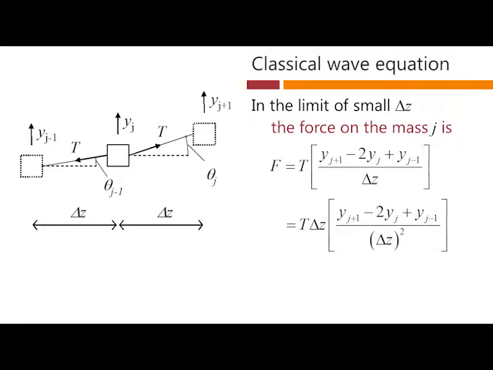And this here we recognize that in the limit of small delta z, this is just the second spatial derivative. That's the formula for the second spatial derivative when we take delta z down towards 0. So this net force upwards on the mass is the tension times the delta z here, which we're still thinking about, we'll keep that there for the moment, times the second derivative of the position vertically as a function of position horizontally.